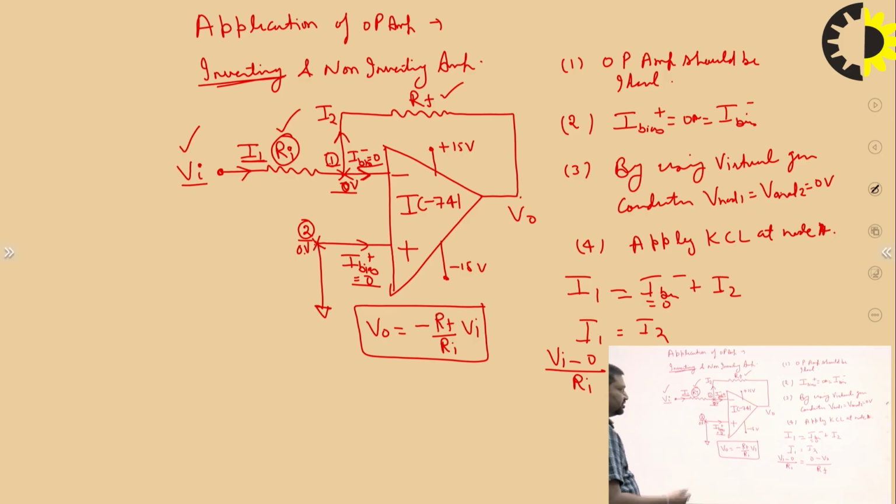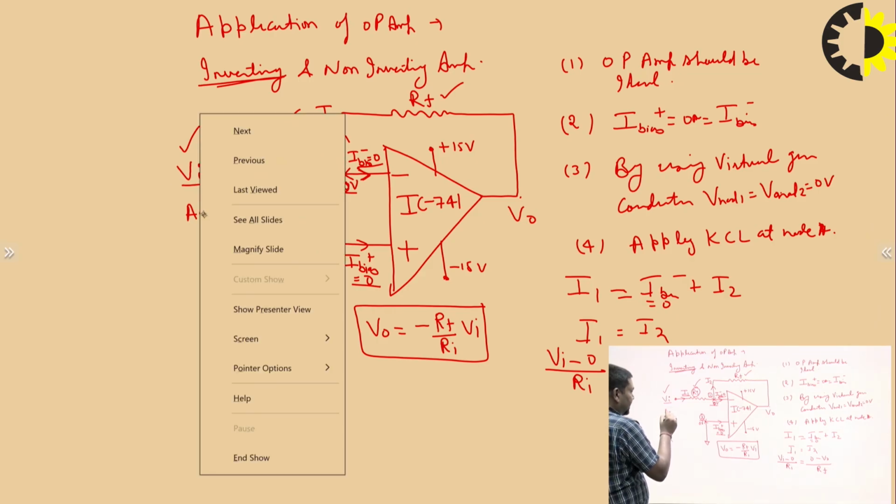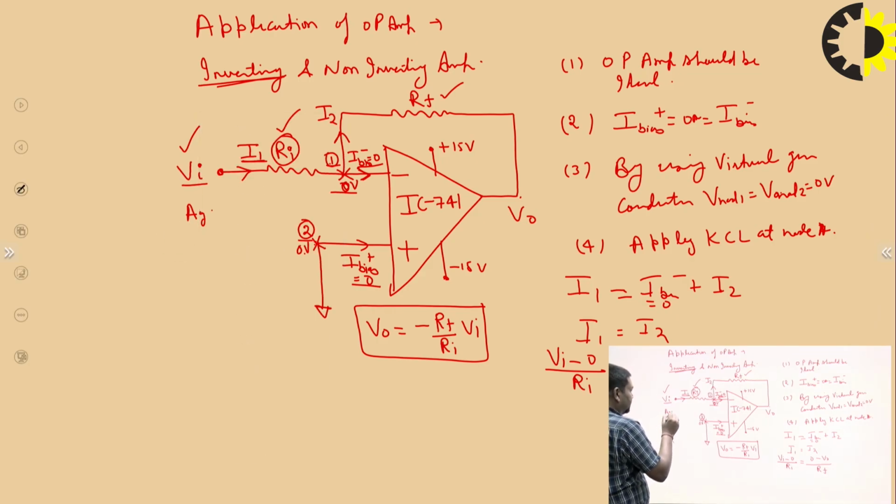Now a question: design an op-amp as an inverting amplifier having a gain of 10. You just have to design an inverting amplifier using an op-amp.